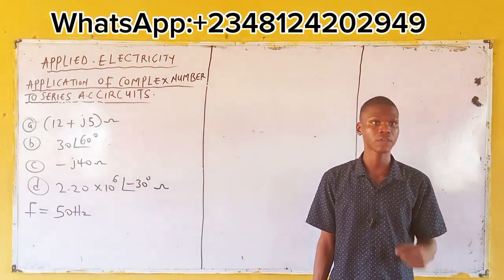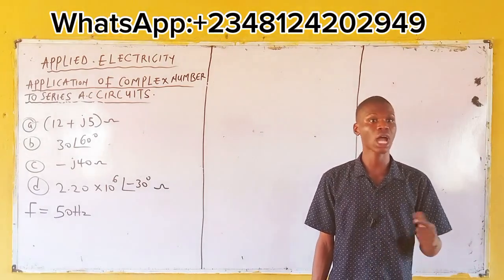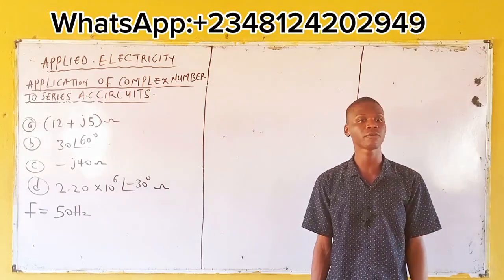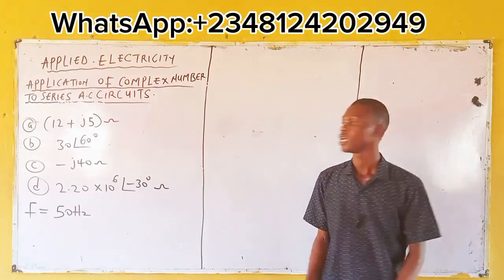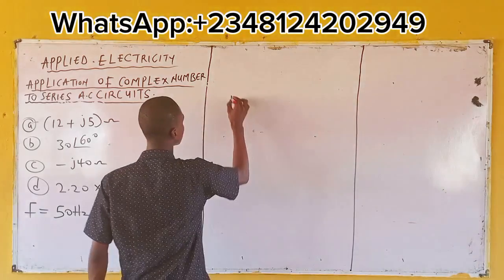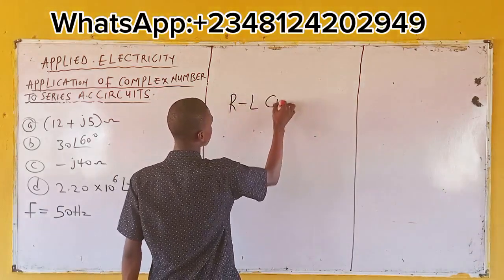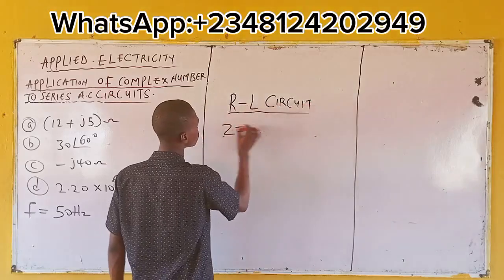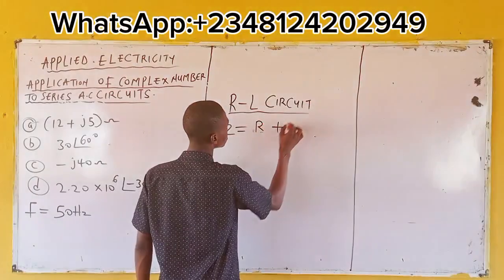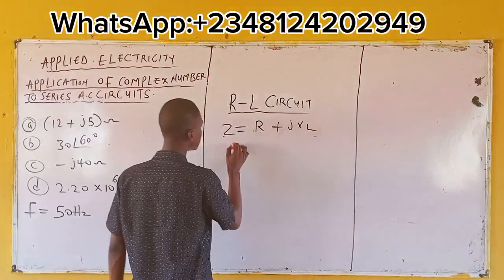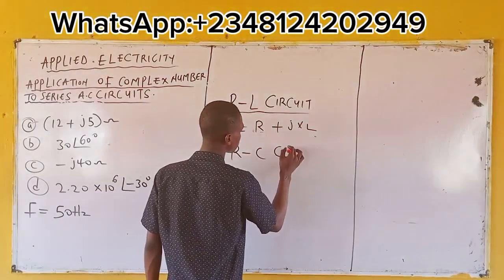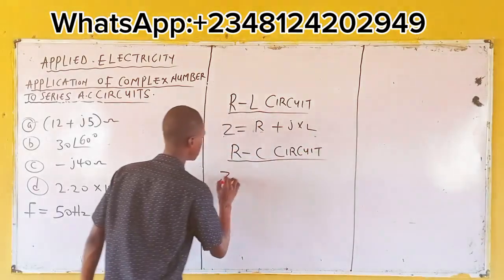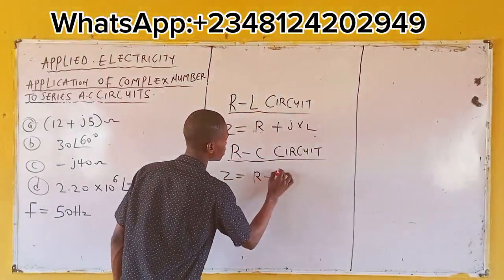If it is an RL circuit, what's your formula for impedance? Z is equal to R plus jXL. If it is an RC circuit, what's your formula? Z is equal to R minus jXC.